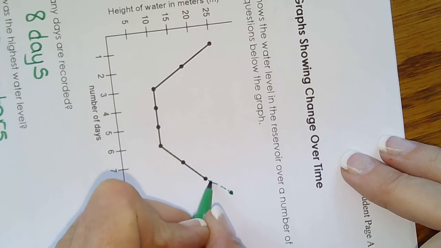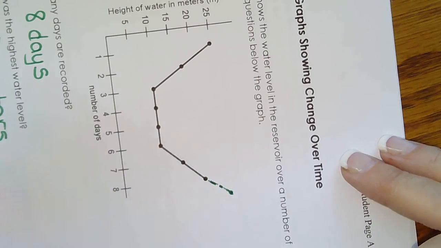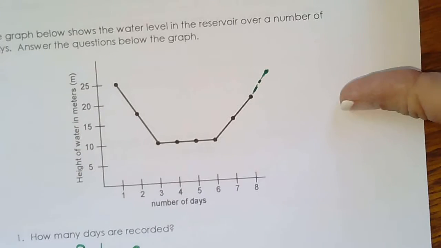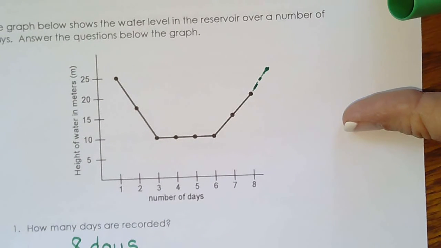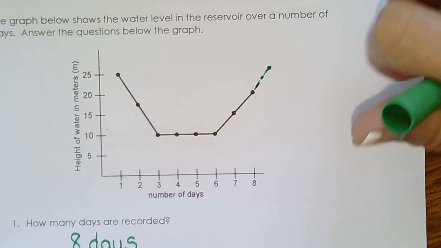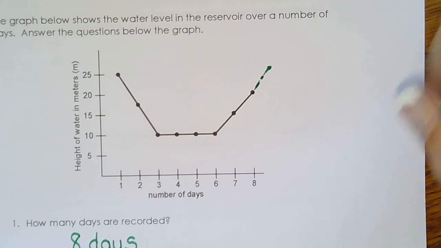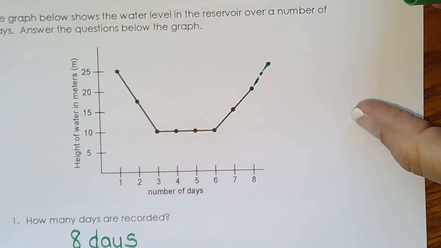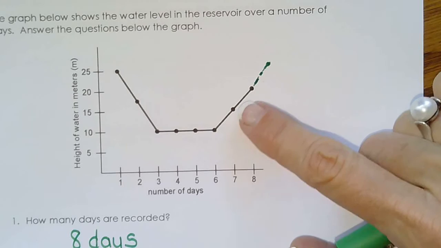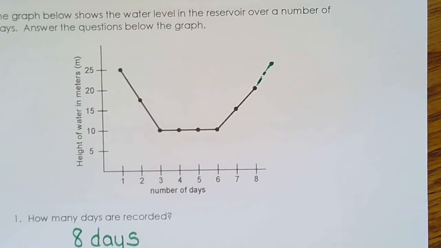That's not a very straight line. I'm not very good at drawing on an angle. So I'm guessing it would be about 25 for day 9. What do you guys think? Remaining the same here? Looks good?